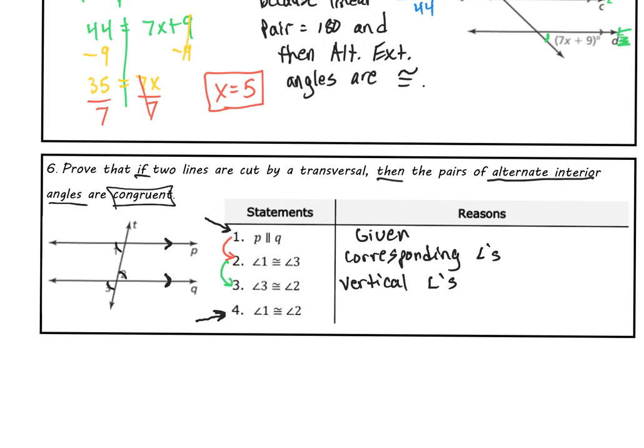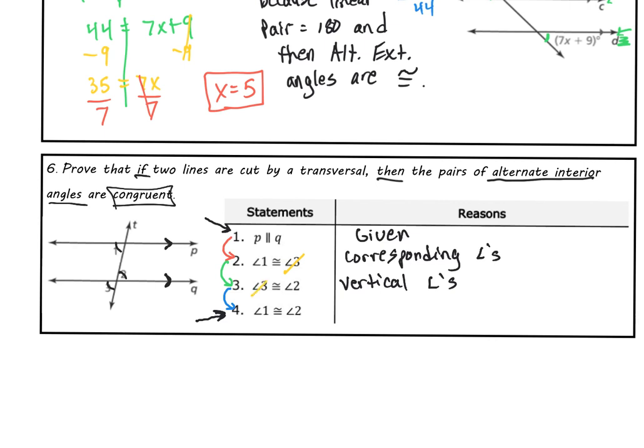Good? And then we look at the last one and we say, okay, now how are they getting from statement 3 to statement 4? How do we know that angle 1 and angle 2 are congruent? Well, if you look at the previous two statements, look at statement 2 and look at statement 3, something we briefly talked about last class, there is something that's mentioned in both of these statements that we can eliminate and combine what's left. And there's a name for that, right? We can look at statement 2, cross out the 3, look at statement 3, cross out the 3.